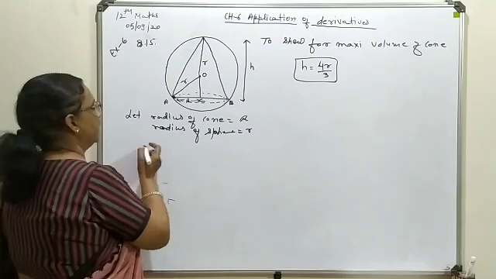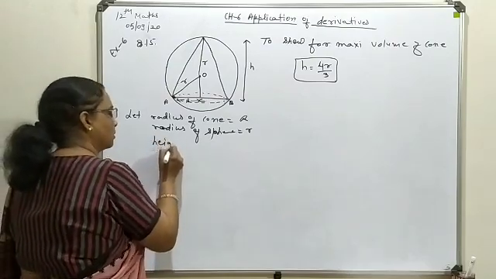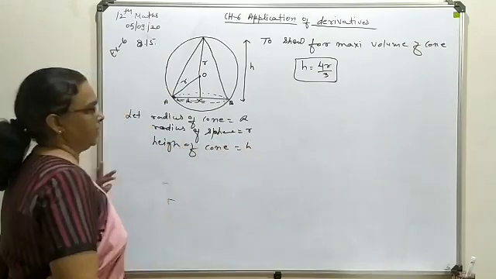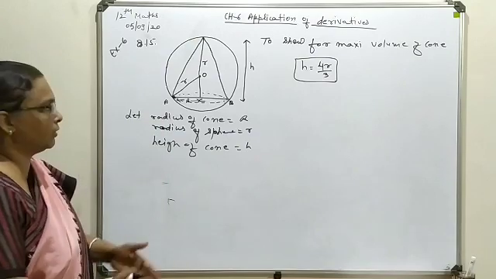One more thing, we will take the height of the cone as small h. So these are the three parameters we will talk about.